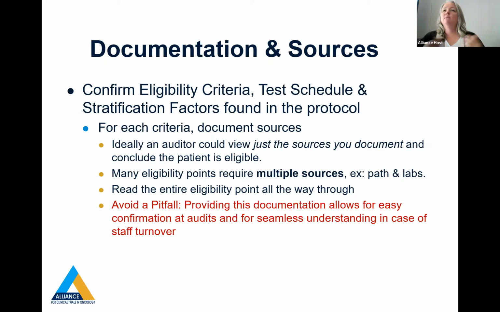Again, you might have multiple sources to confirm eligibility. You might have a path report and labs and MD notes to prove one eligibility point, and we have an example of that. And you want to make sure that you're reading the entire eligibility point all the way through. Again, we're going to walk through an example of that.